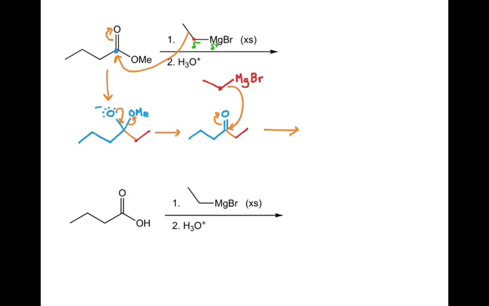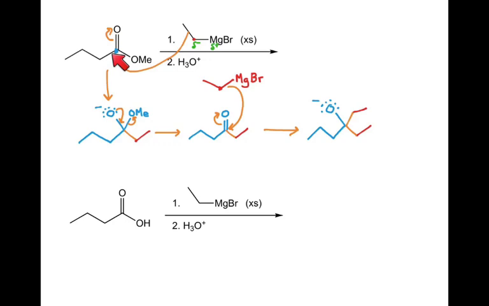Okay, so what we get resulting from that is, again, now we have our single bond to an O-. Here's our original nucleophile that attacked, and now we have a second nucleophile that attacked as well.